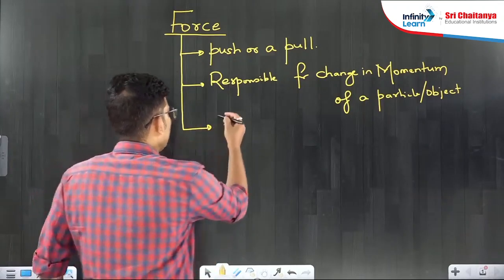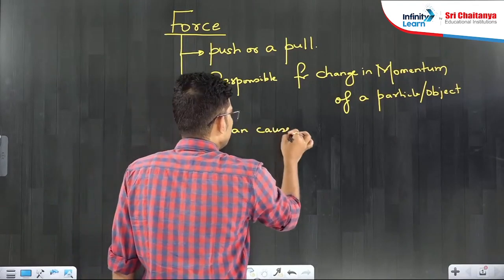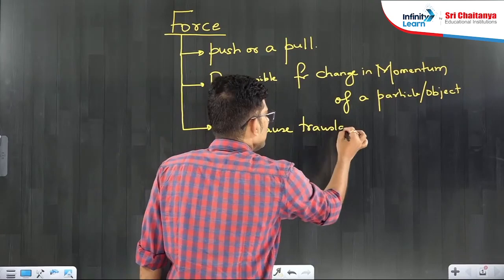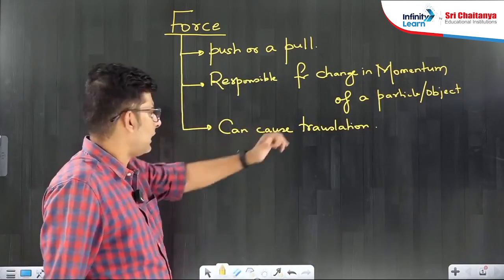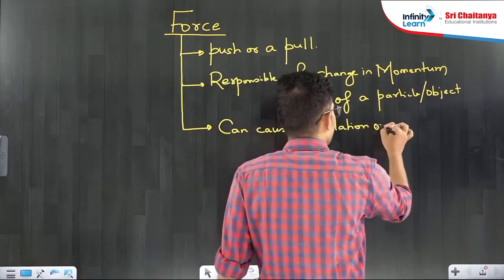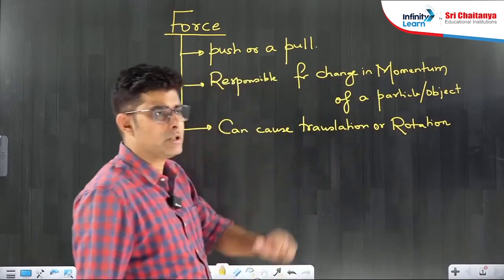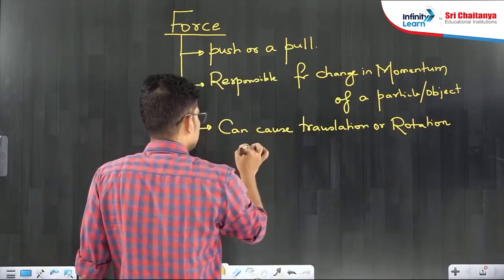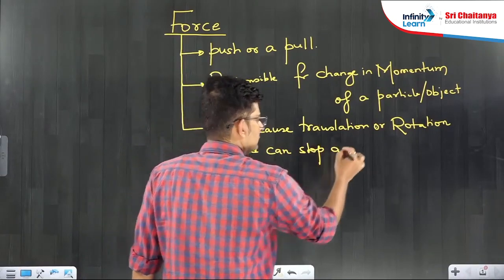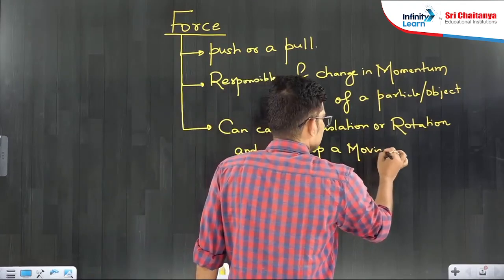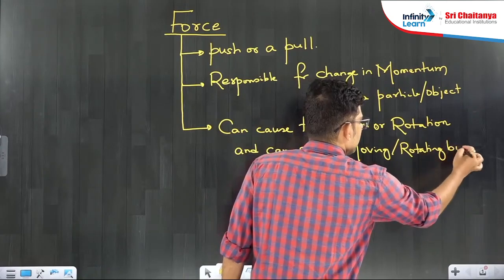So we can say it is also responsible for or can cause translation, when the body is moving along a straight line, or rotation, and it can stop a moving or rotating body.